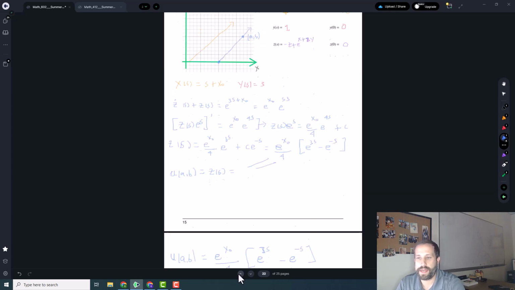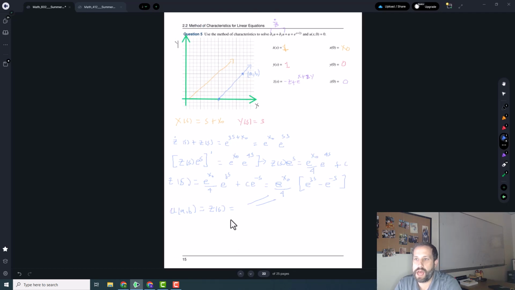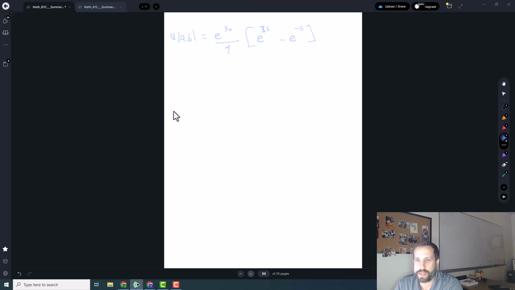Okay, and now I need to figure out what x naught and s are in terms of a and b. Well, this won't be so hard because a is equal to x naught plus s, and b is just equal to s.